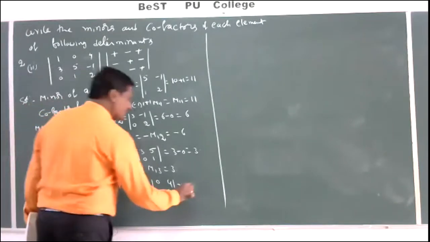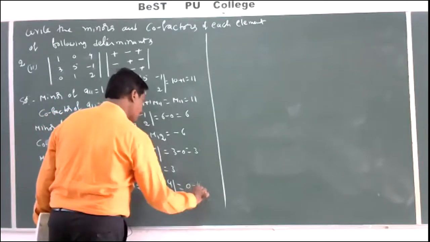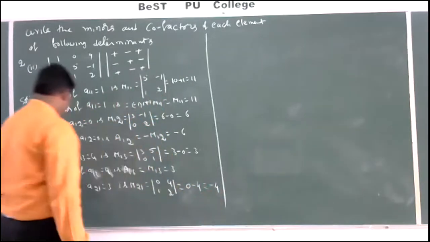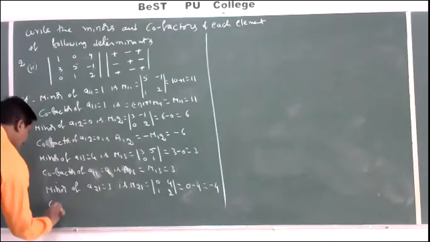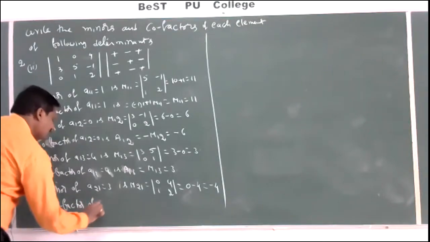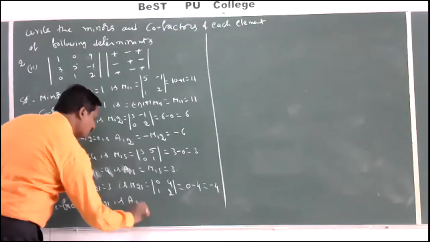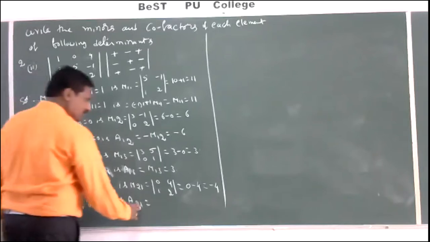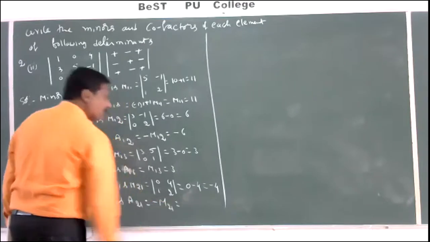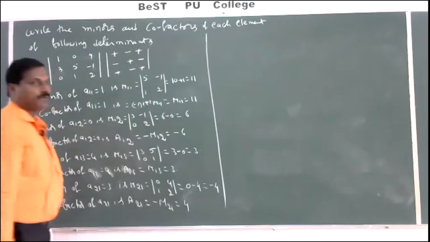It is 0 into 2, that is 0, minus 1 into 4, that is minus 4. So M21 equals minus 4. Here the cofactor of a21 is capital A21. Here 2 plus 1 is 3, odd, that's why we get minus M21. Minus of minus 4 becomes plus 4.